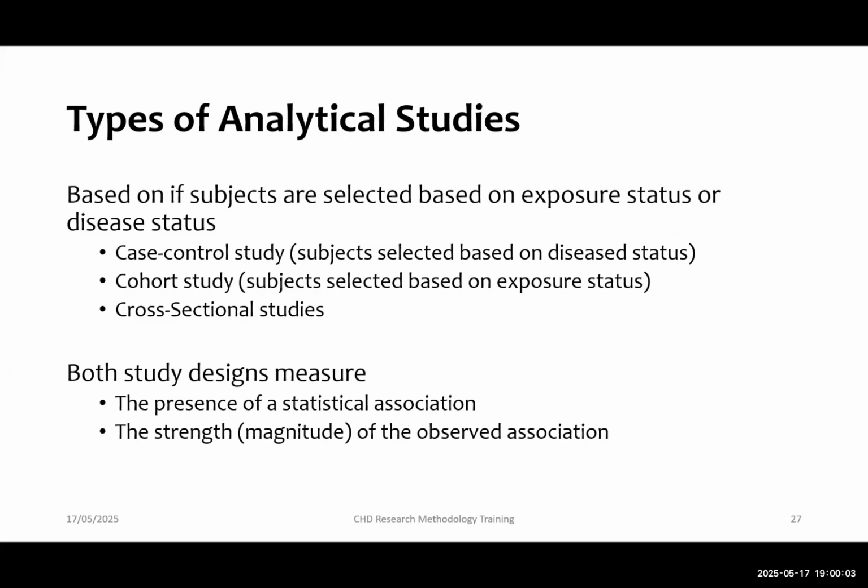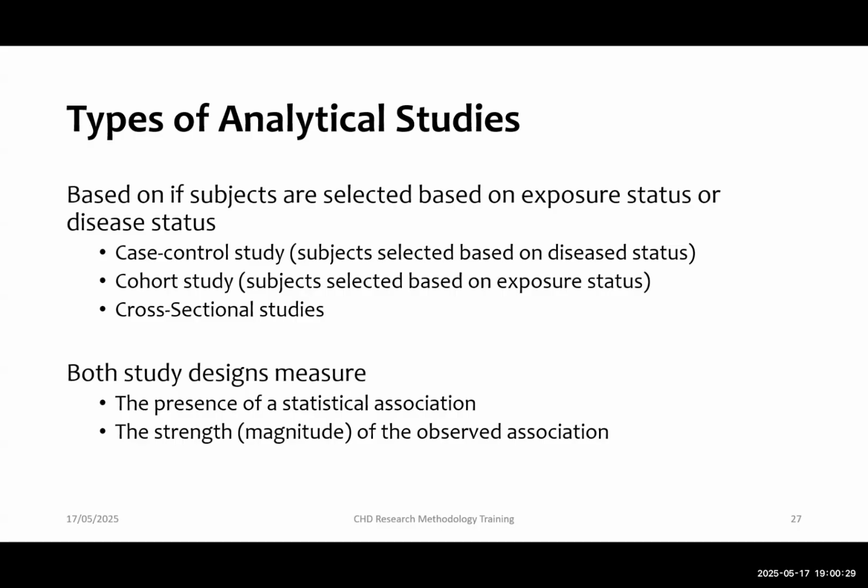The observational ones are based on the subjects you have selected, whether they are exposed to the exposure or have the disease. So you have the case control studies. In case control studies, the subjects are selected based on their disease outcome.